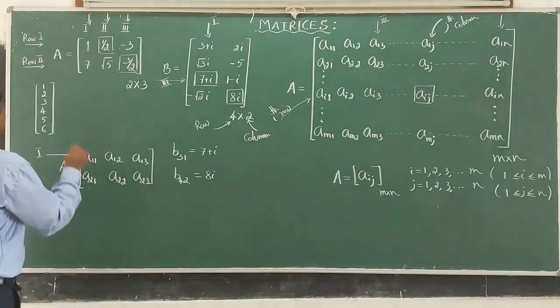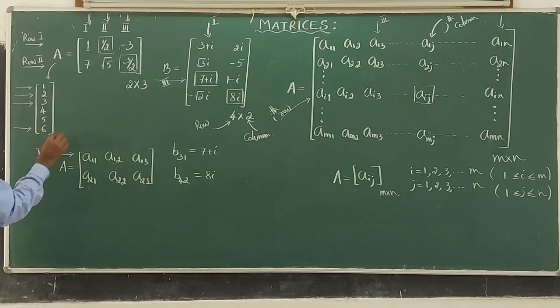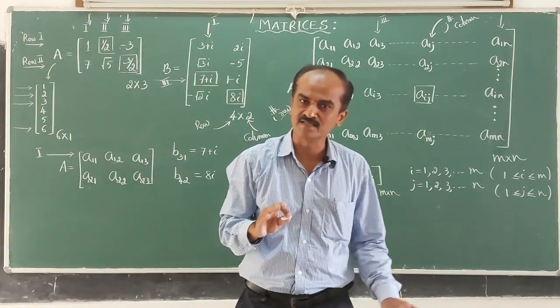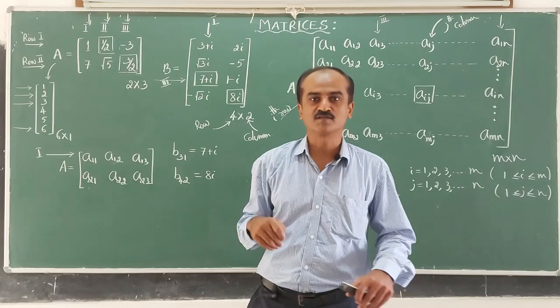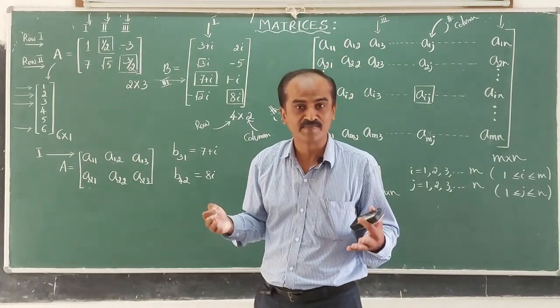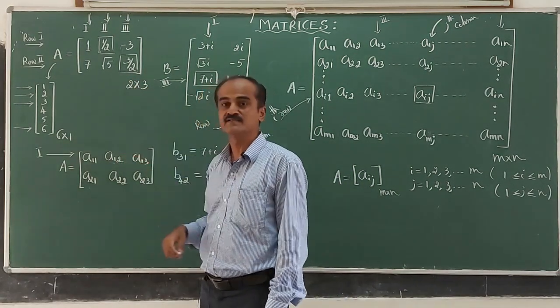How many rows are there? Row number 1, 2, 3, up to row number 6. How many columns are there? Only one column. Therefore, what is the order of the matrix? 6 by 1. Observe how many elements are there in that matrix? 6 elements. For us also they have given 6 elements, asking what is the order of the matrix. So here the order of the matrix is 2 by 3. Here it is 6 by 1.